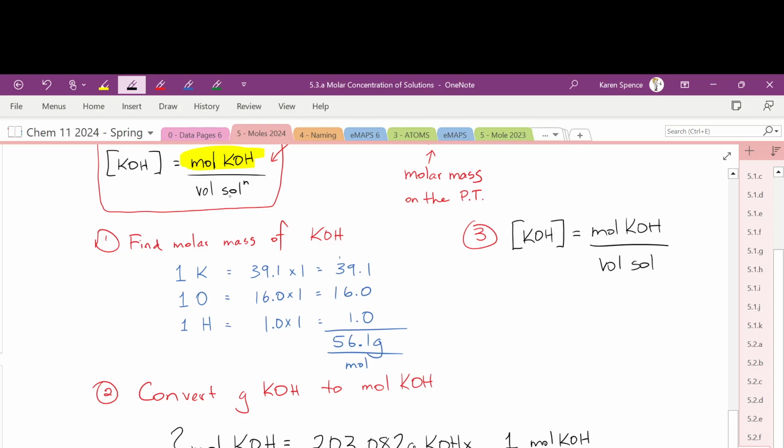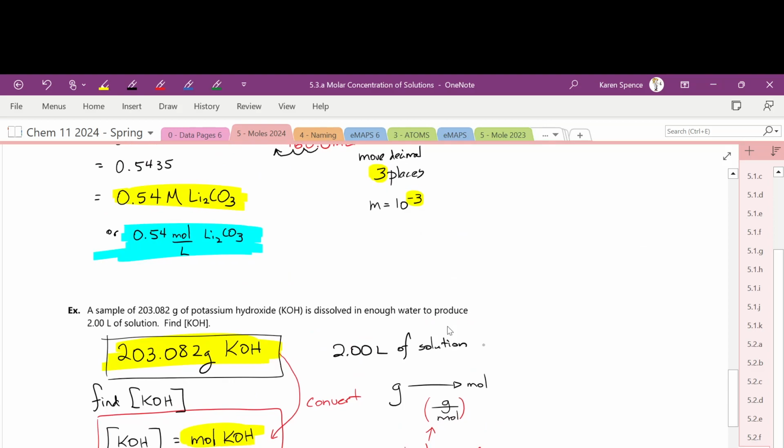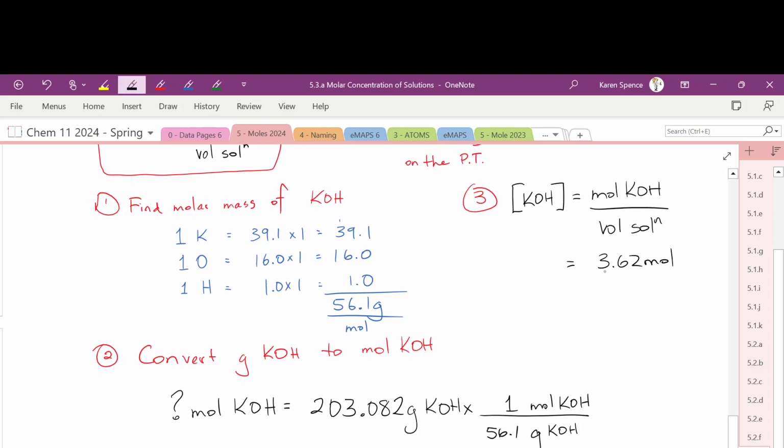You don't have to write it till the end though, okay? Volume of solution, and we have 3.62 moles. And now we have to go back to our question and say, what is our volume? 2.00 liters. So 3.62 moles divided by 2.00 liters.